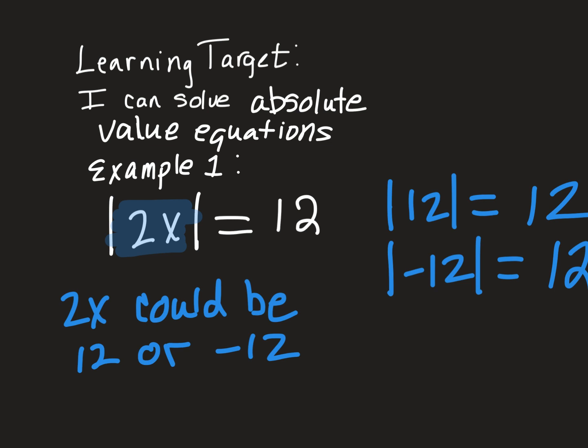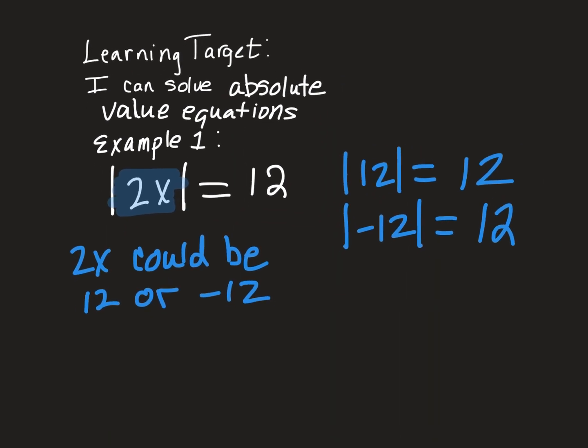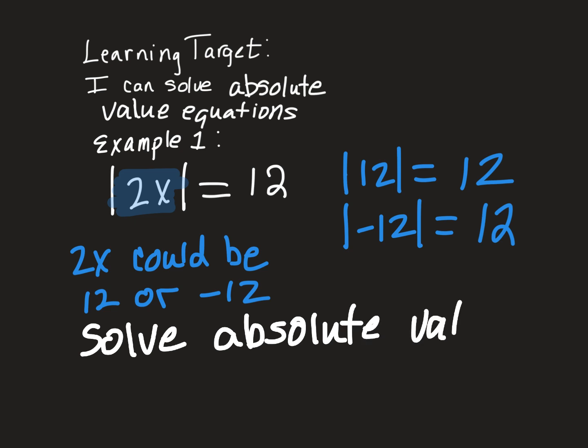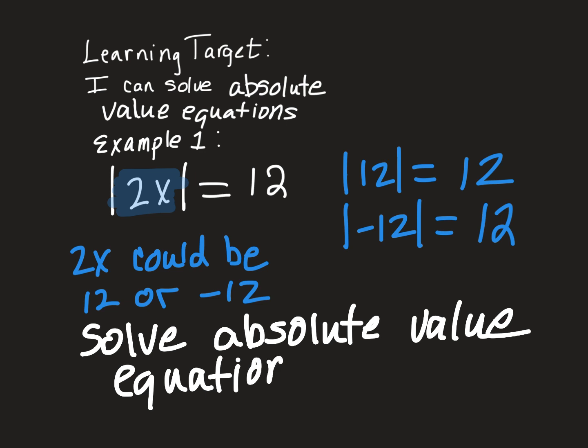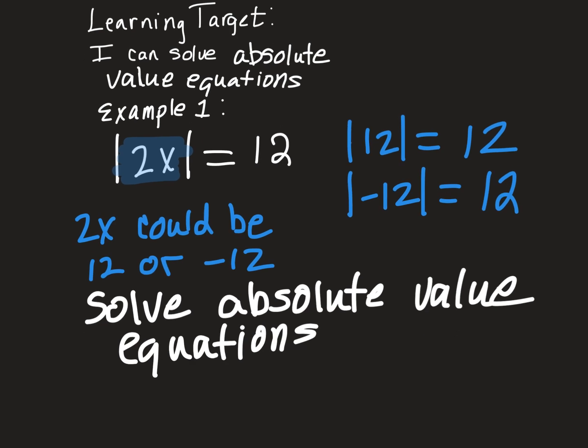So that means, and this is true for 99, I don't want to say all, but I'm going to say most. We never say all because frequently all is what gets us. Because 2x could have been a 12 or a negative 12, you have to solve absolute value equations. So what makes it an absolute value equation? It's those bars on either side.